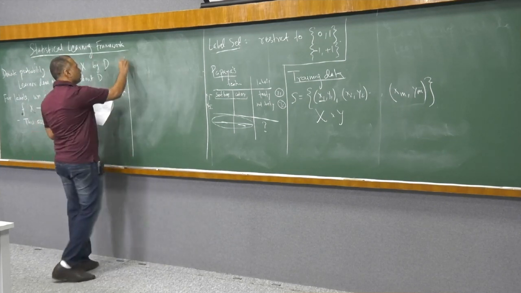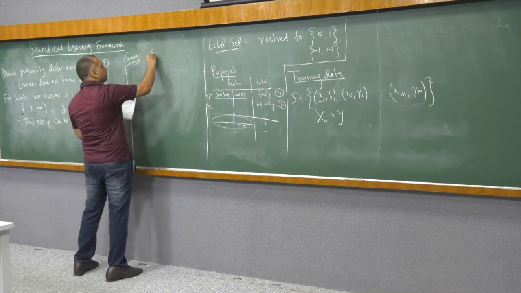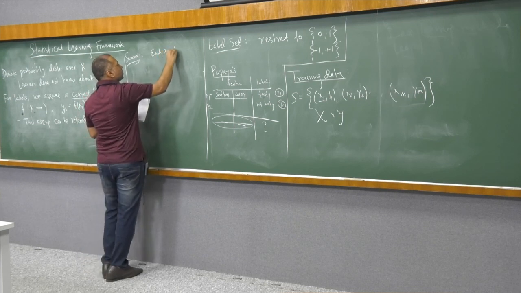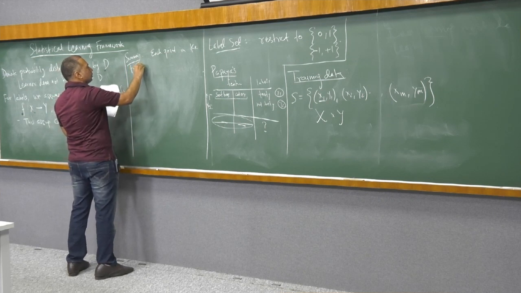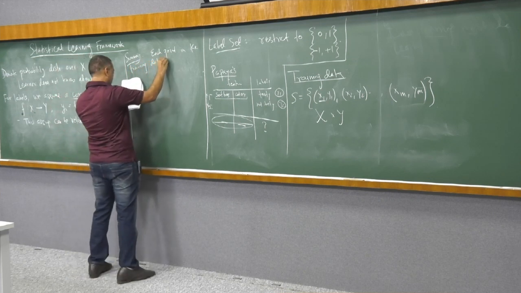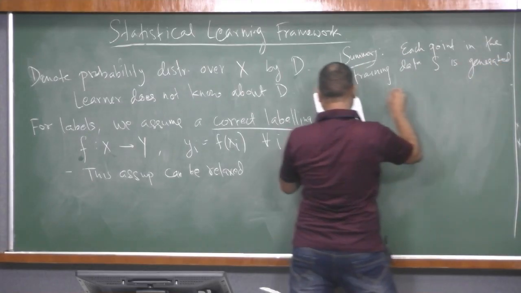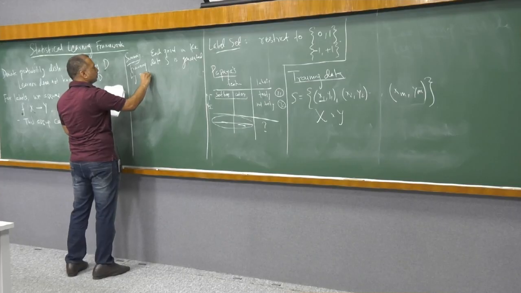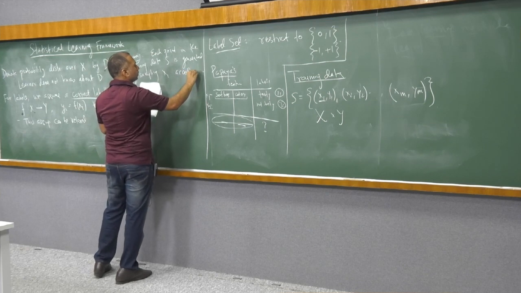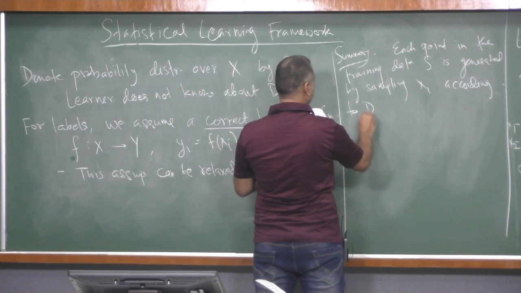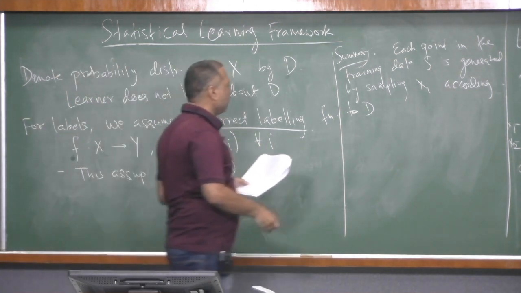In summary, each point in the training data is generated by sampling x_i according to D. Remember, D was the distribution. And labeling it by f.